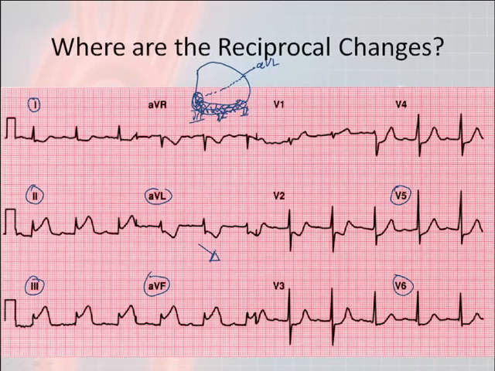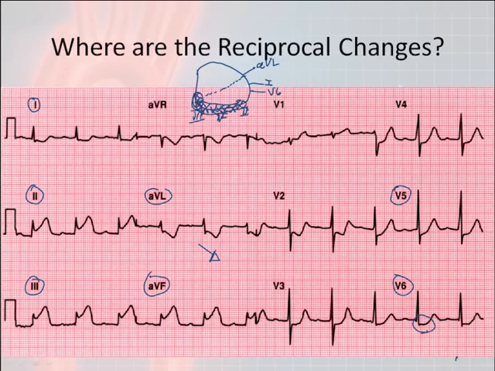Now between 1, V5, and V6, which looks worse? V6 actually looks worse because V6 has more depression than lead 1 does. Interesting note about lead 1 and V6 is that V6 technically looks a little bit lower on the left lateral ventricle than lead 1.